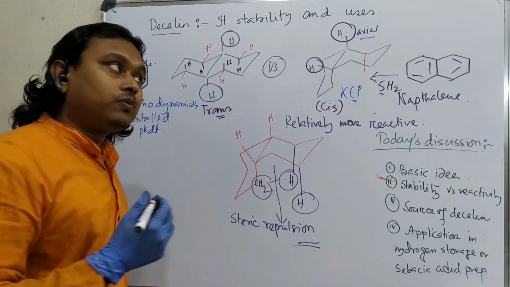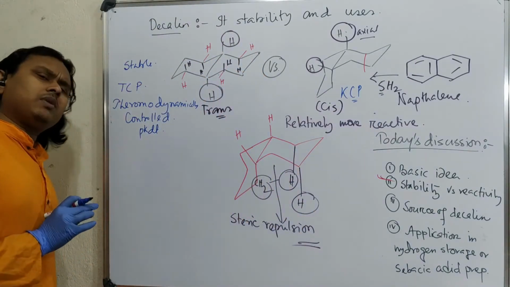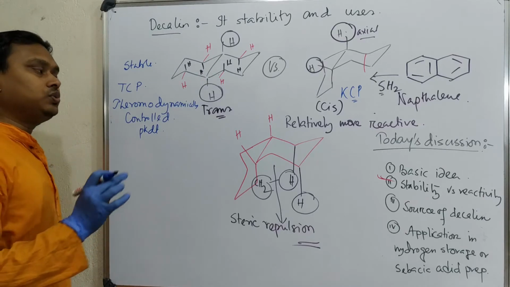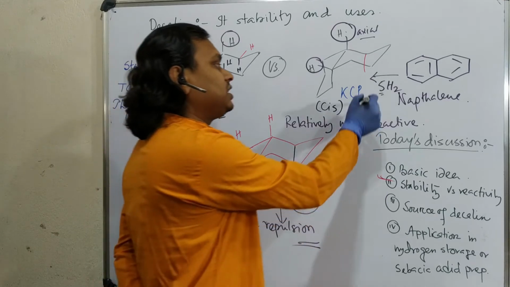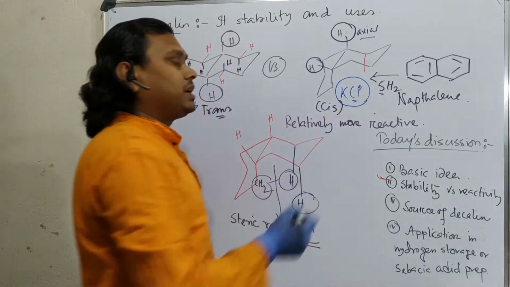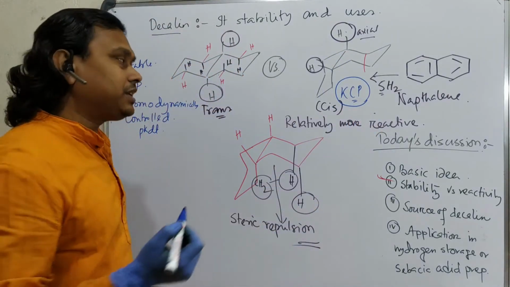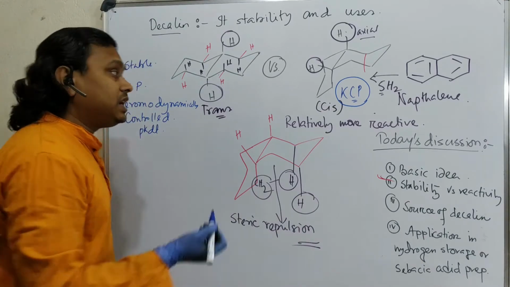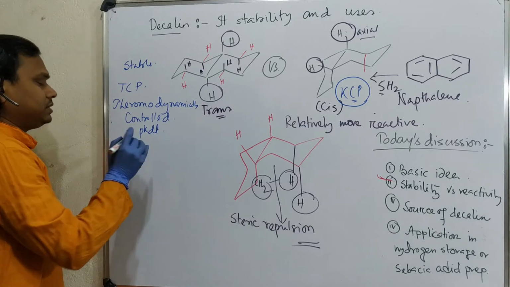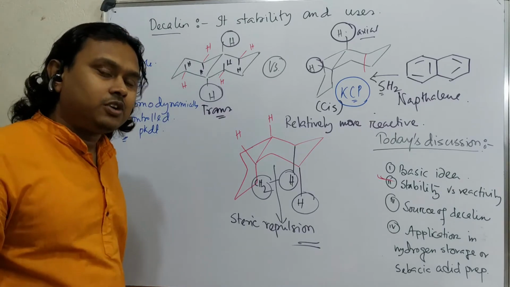Okay. So from this study, based on our basic knowledge, if we do the reaction faster and using an activated catalyst, then what can we get? We can get KCP. But if we do the reaction at higher temperature for a long time using a more stable reagent, then we can get TCP. By the way, I am making a very crude comment.